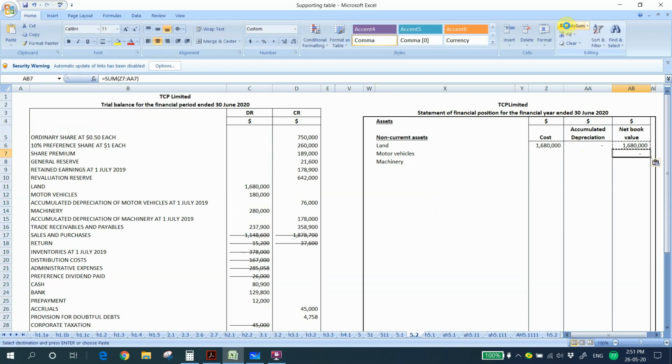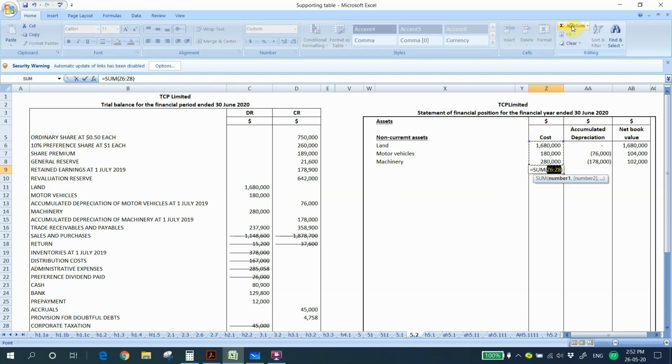The net book value will be the same. And then for the motor vehicles, value 180, accumulated depreciation 76,000, machinery 280,000, and then the accumulated depreciation is 178. So we can sum the amount. So we strike through the information that we have used.